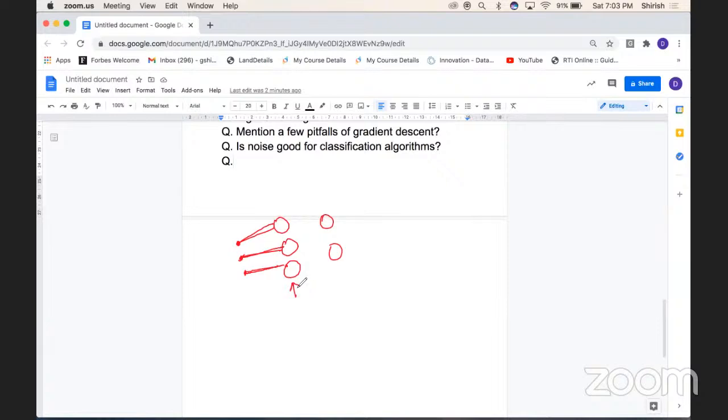The number of hidden layers, the number of neurons in the hidden layers, and what the learning rate should be, all these are your hyperparameters, right? This is a network and you have connections like this, okay? So these are my input 1, input 2, input. These are my hidden layers.